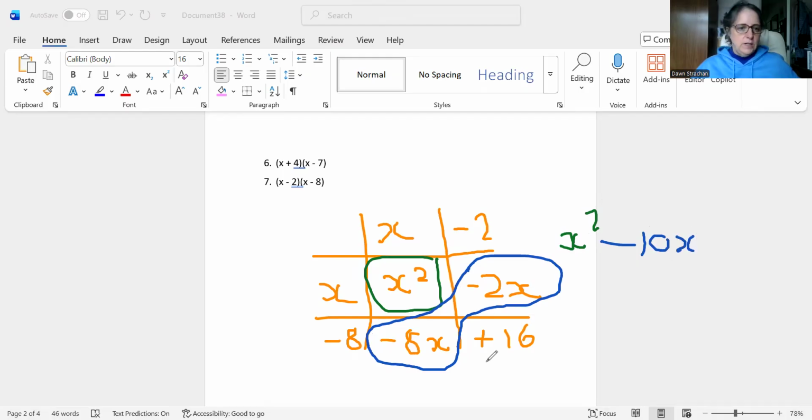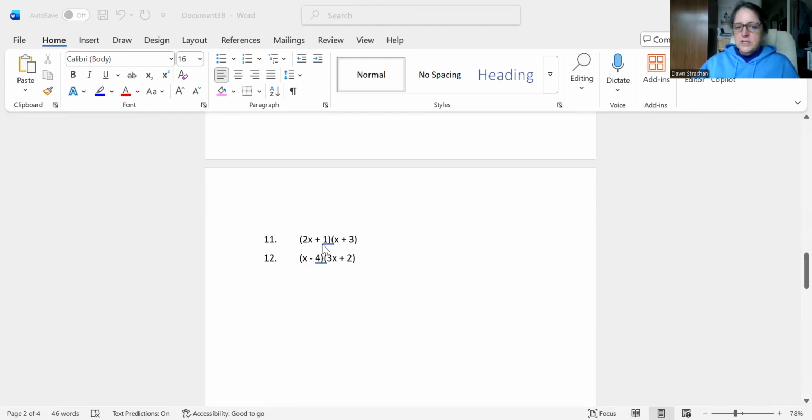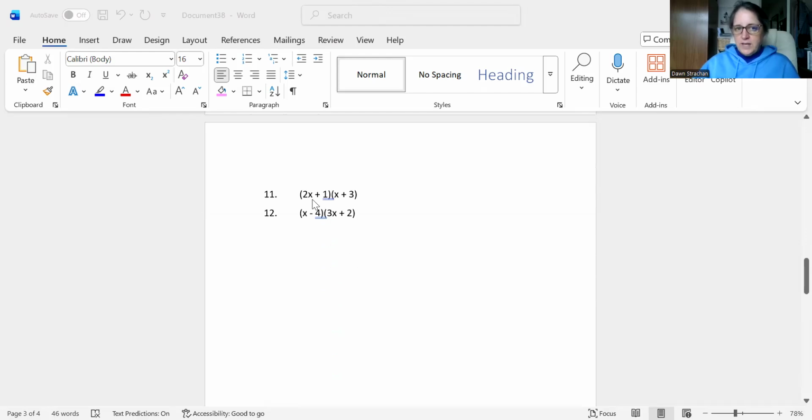And then at the end, we're left here with +16. So we'll pop that on the end. Okay, so that's getting slightly harder because we're now using negatives, but as you can see, the principle remains exactly the same for both. So moving on, slightly harder still because here we've got a digit before the x.